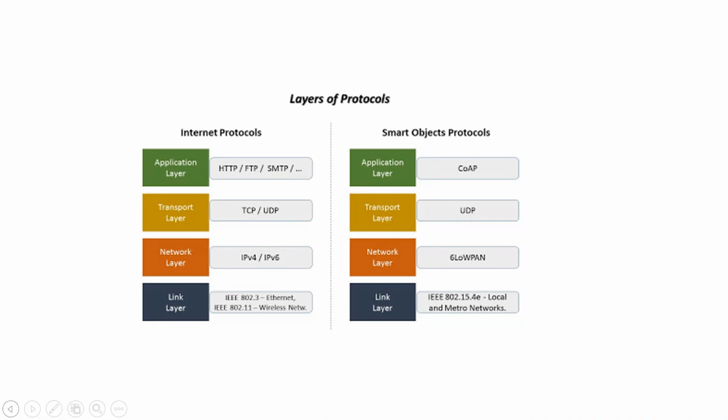So these types of protocols generally involve both wired as well as wireless protocols. As you can see in this particular diagram, this is the link layer, and in this link layer you can observe IEEE standard 802.3.